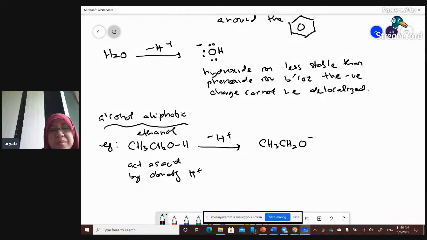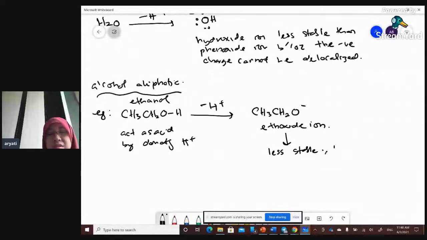So kalau sini ialah ethanol, sini dipanggil ethoxide ion. Okay. Ethoxide ion ni, ion dia ialah less stable. Kenapa less stable? Because the negative charge, so dia ada CH3, CH2.